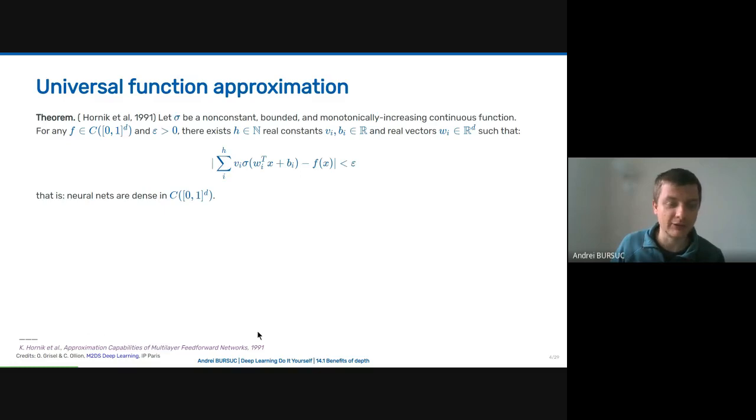So this is a theorem from Hornik in 1991. Assuming that we have sigma, a non-constant, bounded and monotonically increasing continuous function, which is actually our activation function.